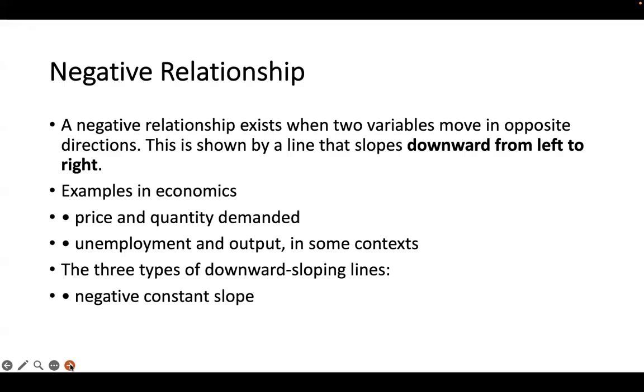If you compare Ghana's GDP to the US, you can never compare them because the unemployment rate in Ghana is very high, but compared to the US, it's not like that. So when it comes to a negative relationship, we are saying that when two variables move in opposite directions, that is, when prices rise, the quantity demanded falls. Such a line or slope is downward from left to right.